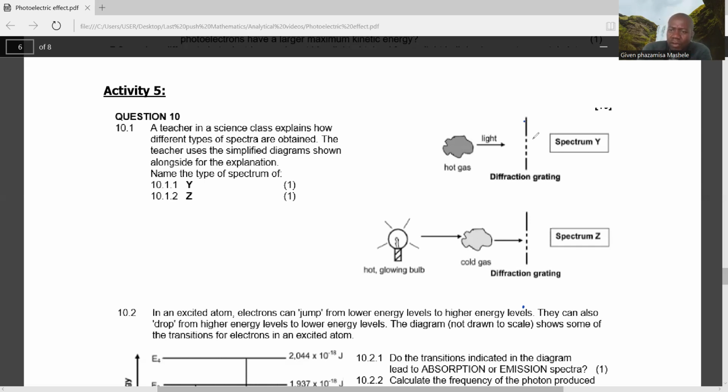Obviously, this will produce a spectrum of colors with different frequencies and different energies. So this will be emission. We actually call it a line emission spectrum.